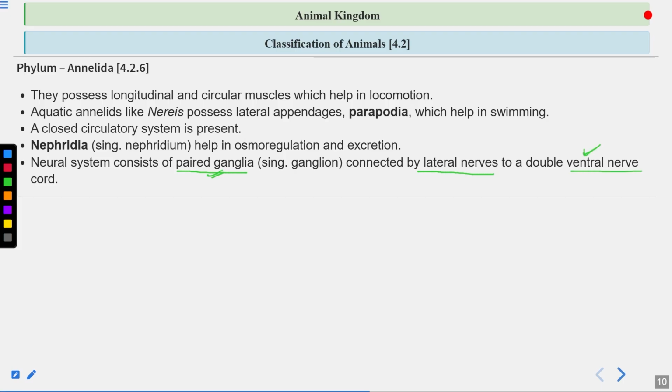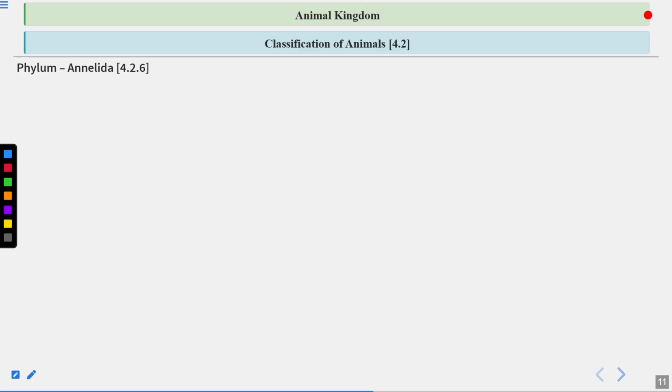Now, this is very, very important. It means this ventral nerve cord is present on which side? Ventral side. So this is very, very important. On the ventral side, this nerve cord is present. Okay. Moving to our next slide.